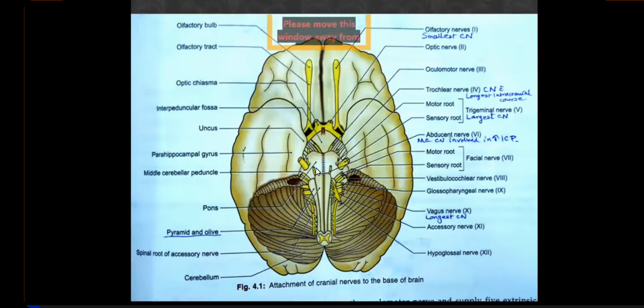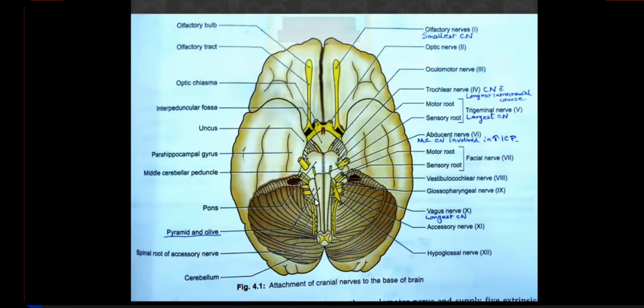So, the abducent nerve nucleus lies within the lower section of the pons, and the nerve emerges on the ventral aspect of the brain stem at the pontomedullary junction medially, just above the pyramids. This is the median sulcus, sorry, not fissure, it's sulcus.